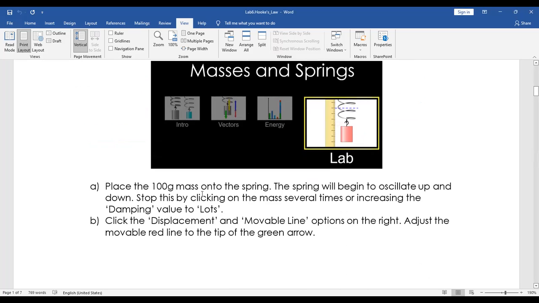Place 100 gram into the spring. Also, let me explain before starting the lab. That's lab 6. Lab 6 is Hooke's law.